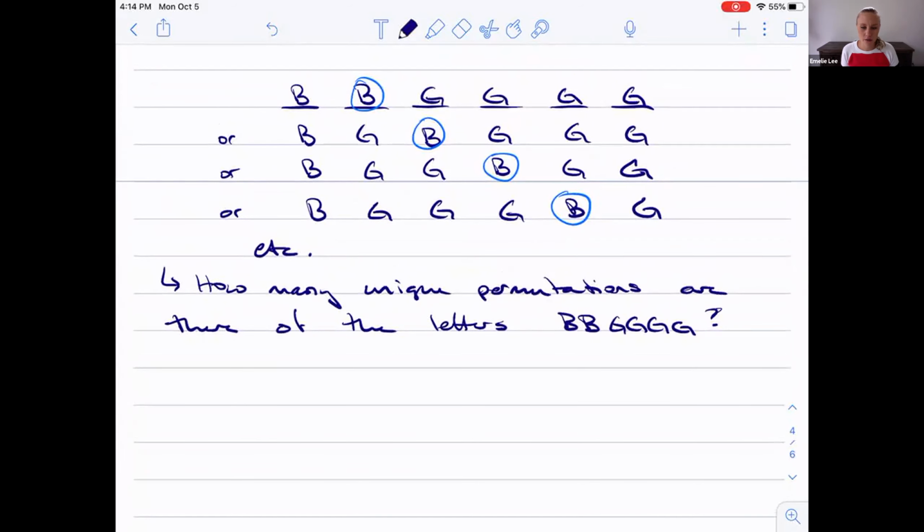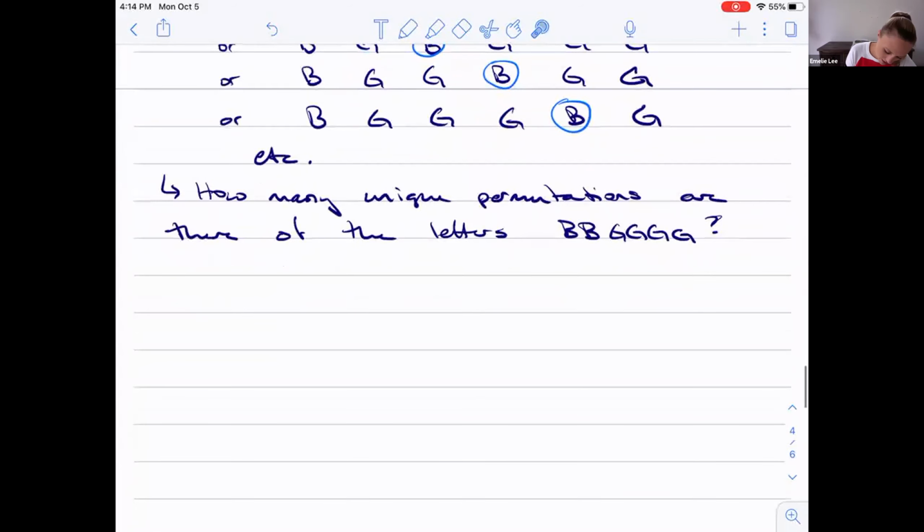So now you have 1, 2, 3, 4, 5, 6. Remember, you treat each letter as if it's unique. And so now we've got 6 factorial over however many you have in each category.